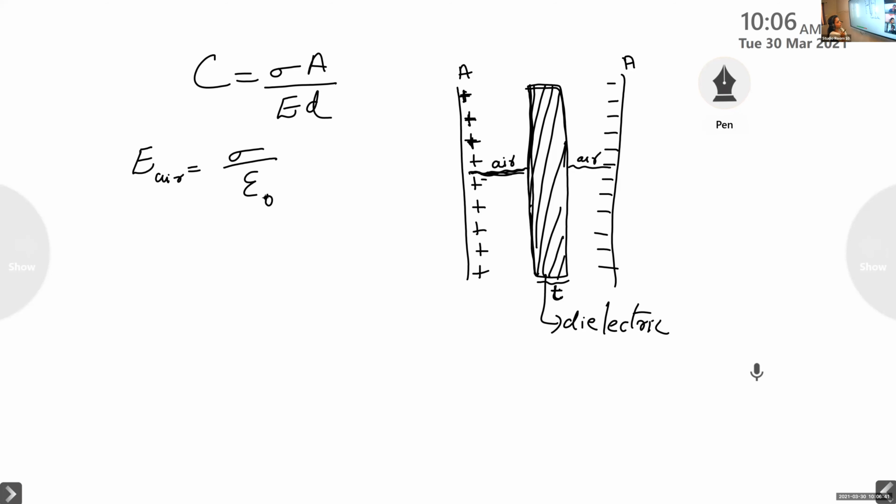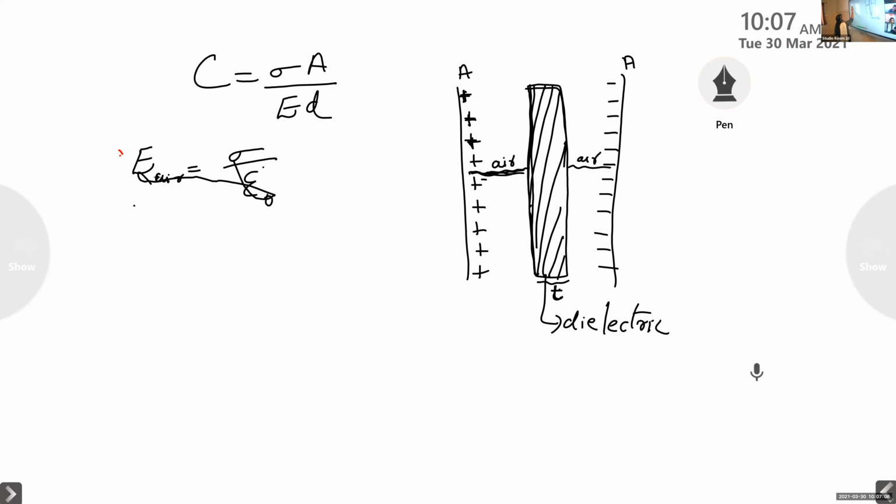The electric field between these two capacitors is given by E is equal to sigma by epsilon 0. This is the same because here the two capacitors are separated by air, same as the first case. Okay.